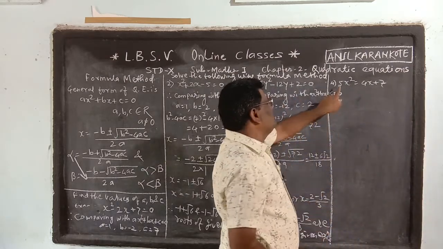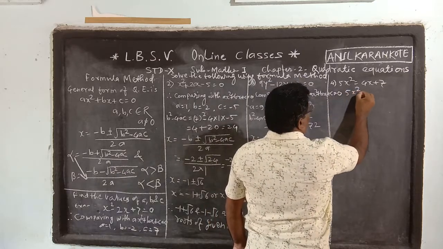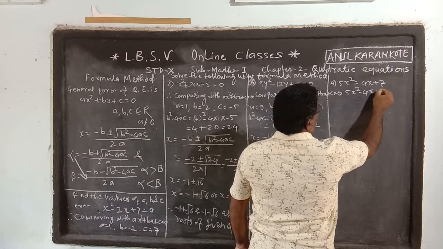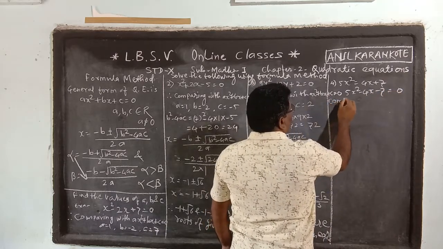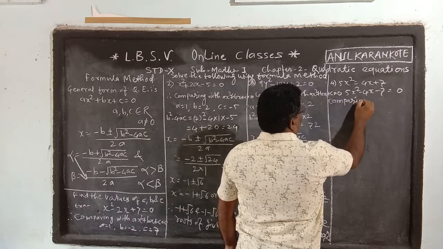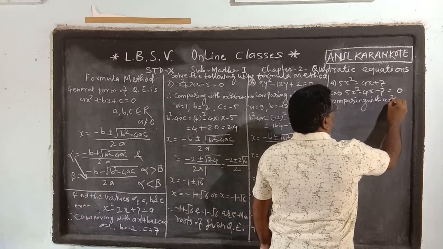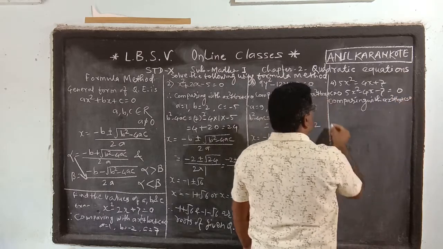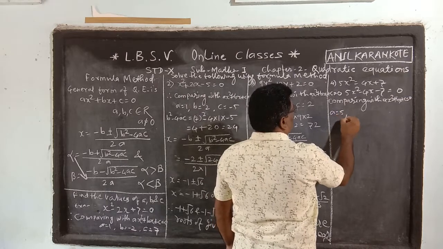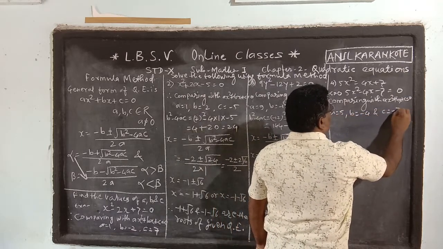Then the third example is 5x square is equal to 4x plus 7. First of all, write this equation in the standard form. We get 5x square minus 4x minus 7 is equal to 0. Now comparing with ax square plus bx plus c is equal to 0, we get a is equal to 5, b is equal to minus 4 and c is equal to minus 7.